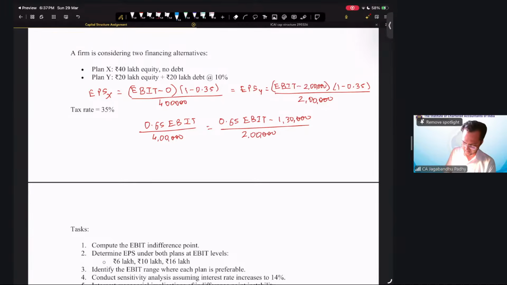Then we cancel out both and we just say it is 2 over here. So 0.65 EBIT is equal to 1.3 EBIT minus 2 lakh 60,000.